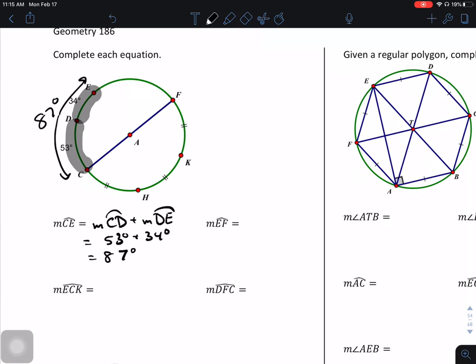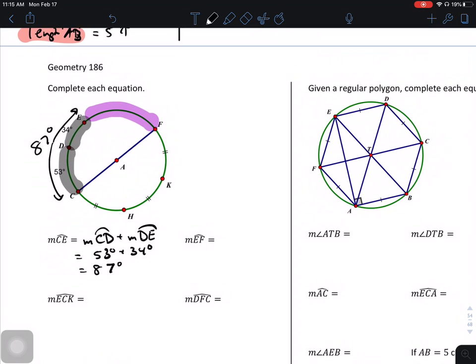Measure of arc EF. Well, let's check this out. I think you would agree that this is a semicircle from here to here. This makes that 180, which means this must be 93, because 93 plus 87 is 180.